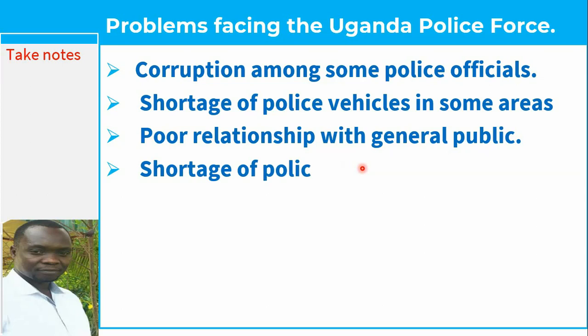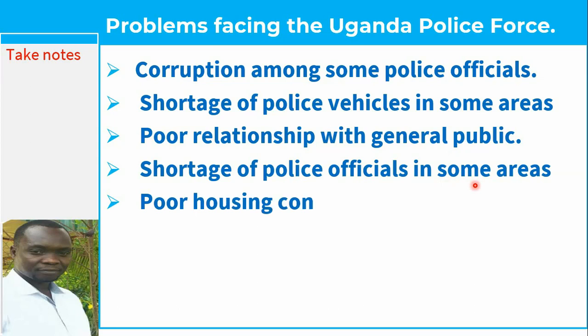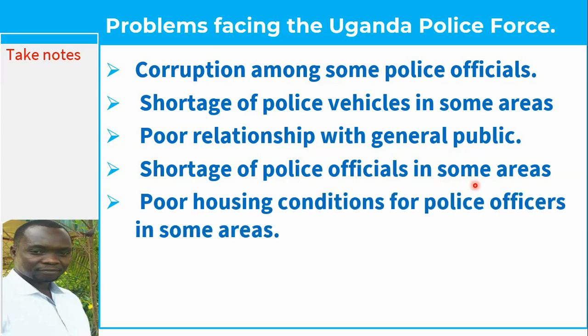We have a problem of shortage of police officials in some areas. I also want to emphasize the point here that some areas have got this shortage, but some areas have got very many of the police officers. Next one is poor housing conditions for some police officers, and this is only in some areas.